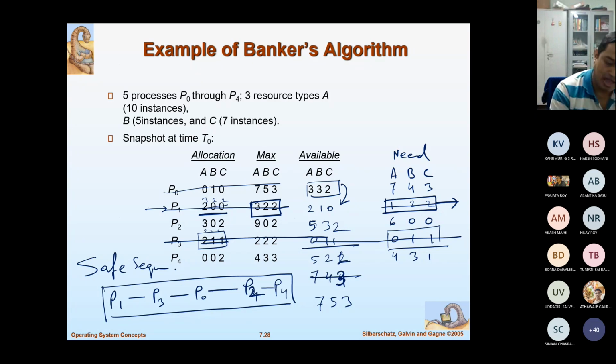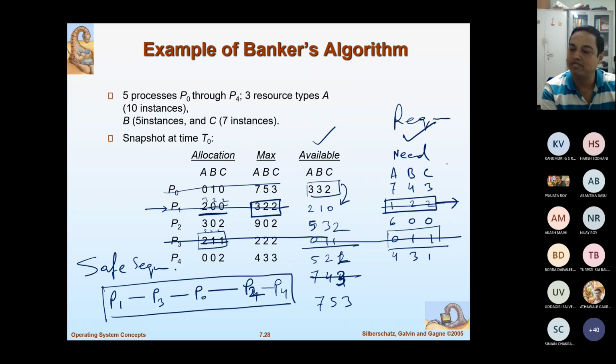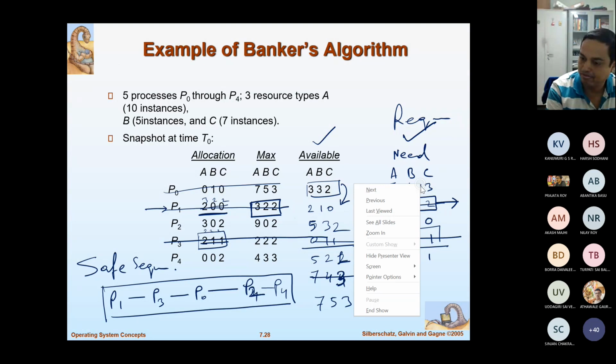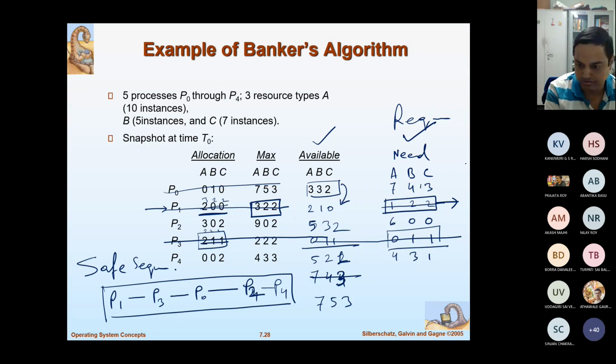In the same way, the requirement will be checked with the available. If the requirement is less than or equal to the available, then it will be processed. Otherwise not. That's why the algorithm is called Banker's algorithm.